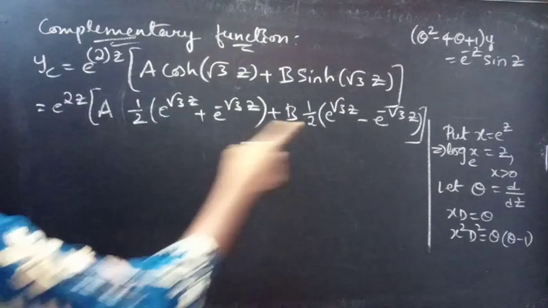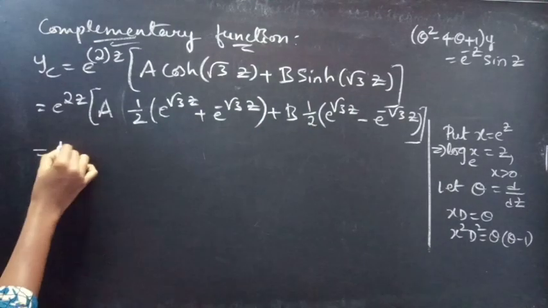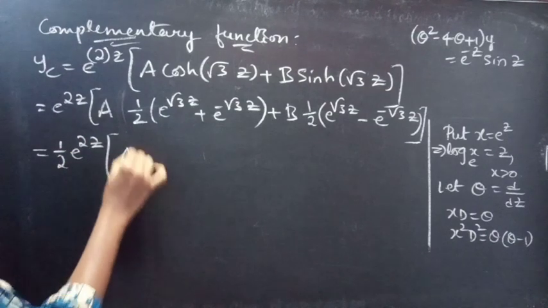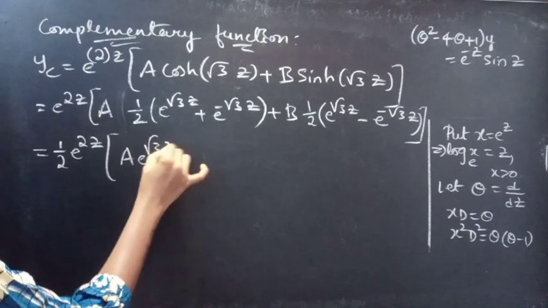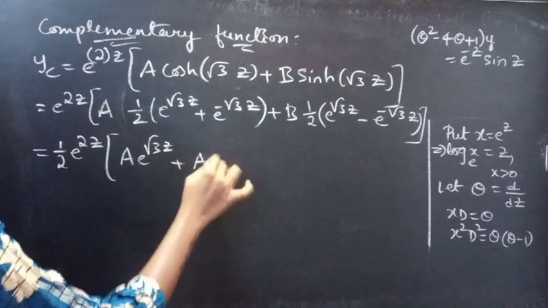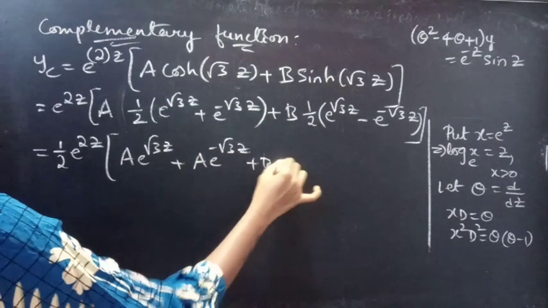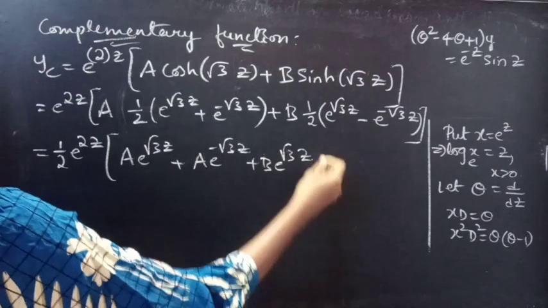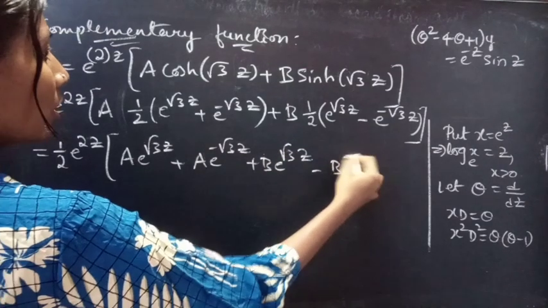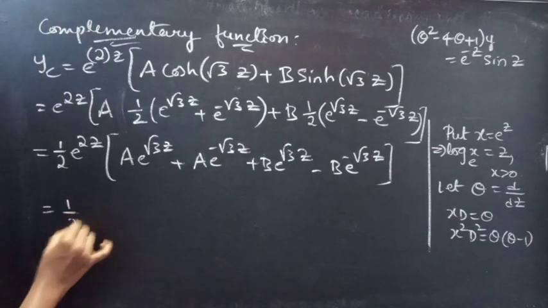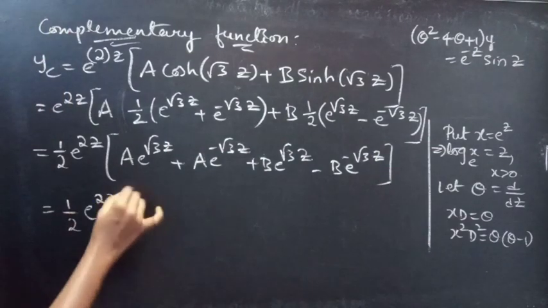So we have 1 by 2 in both the terms, so let's take 1 by 2 outside. We'll get a e power root 3z plus a e power minus root 3z plus b e power root 3z minus b e power minus root 3z. Right? This is equals to 1 by 2 into e power 2z into.